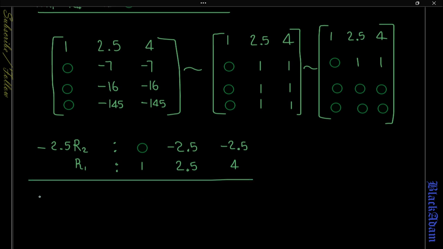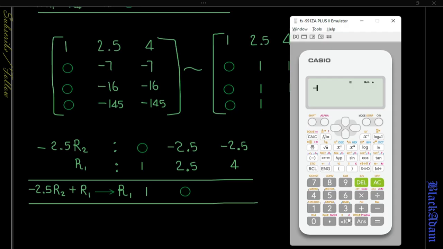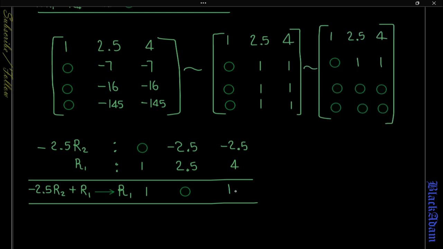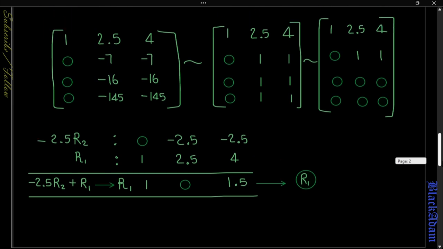Then we add negative 2.5 times row 2 plus row 1, all of that gives us row 1. So that would be 1, that would be 0, and then negative 2.5 plus 4 would give us 1.5, so that's positive 1.5. All of that gives us row 1.